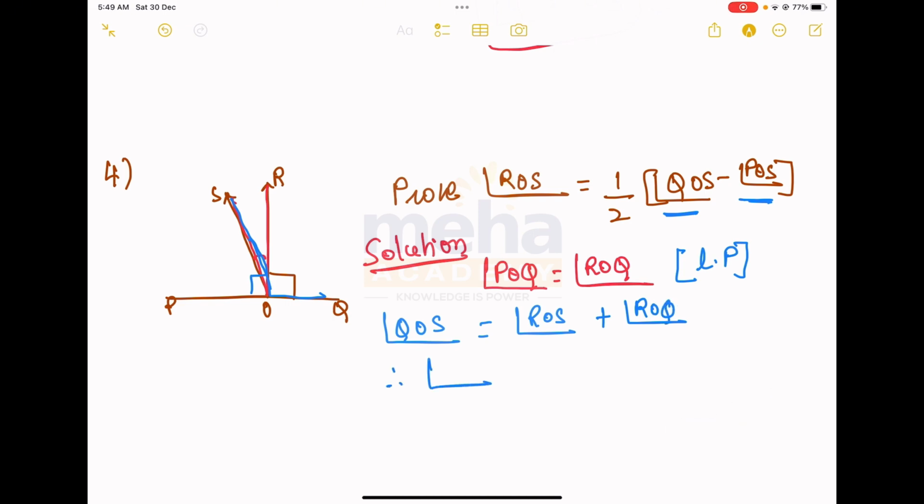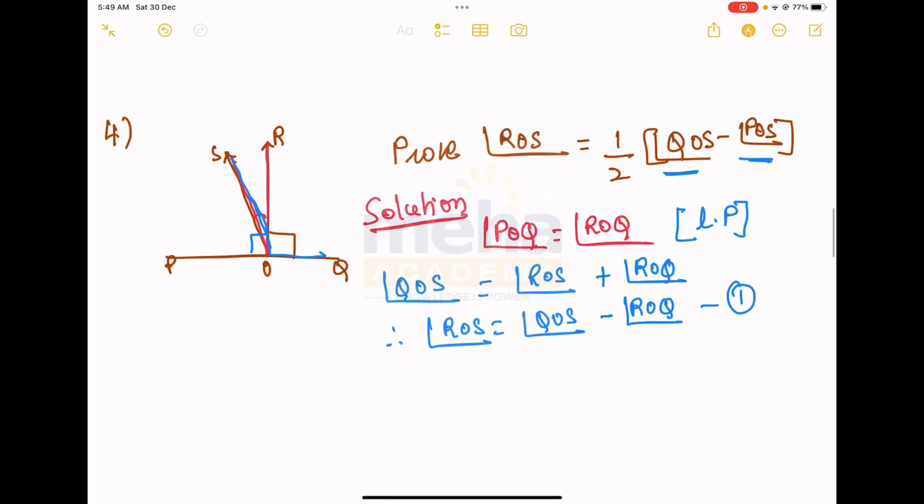Therefore, from this, ROS will be given by angle QOS minus angle ROQ. We'll keep this as 1. Then from the other half, what will be ROS? So ROS will be equal to the full angle POR minus the other half, which is POS. Let us keep this as 2.